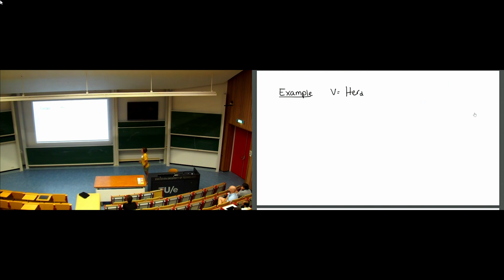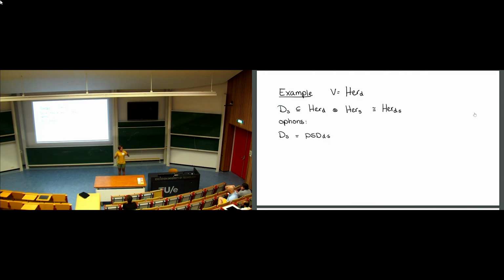So let's look at an example. What we can do, for example, is choose this vector space V. And what you could do is choose Hermitian matrices as that vector space in some fixed dimension D. And then you pick cones inside Hermitian matrices of size D times S for every S. Okay? So what cones could we pick? What could you think of? Well, maybe one option is to choose the PSD cone inside all of these layers.